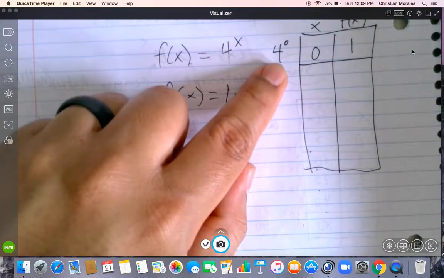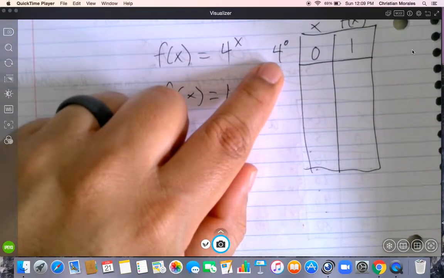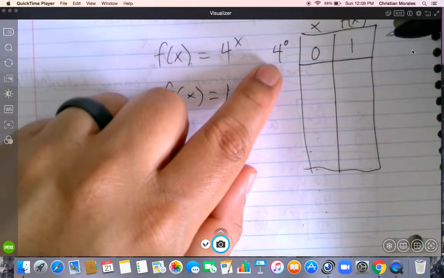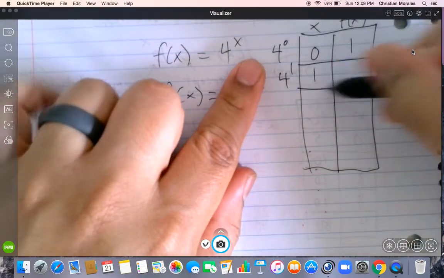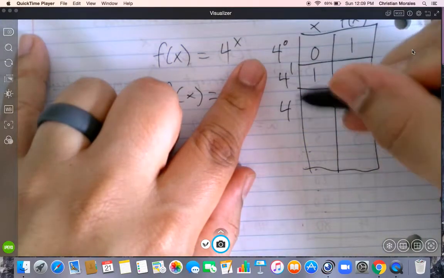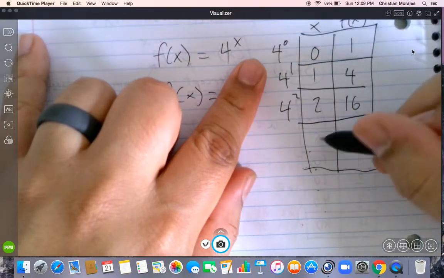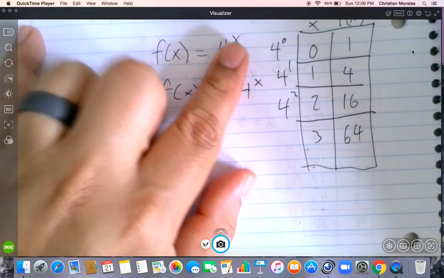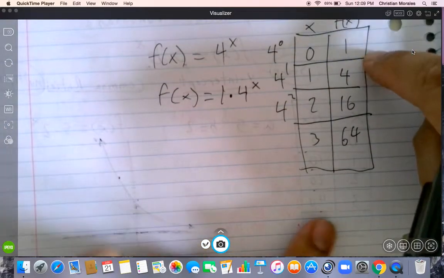You can do it in your calculator, and I'll show you. The answer is 1, okay? So anything to the 0 power is 1. The next one, if you plug in a 1, if you plug in 4 to the 1, you get 4. Because how many 4s do you have? You have 1 4. 4 to the 2, you get 16, and so on, right? So you get a pattern like this. But at the beginning, you don't start at 4, you start at 1.